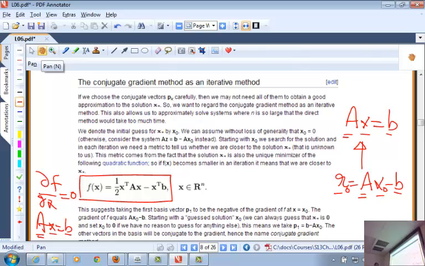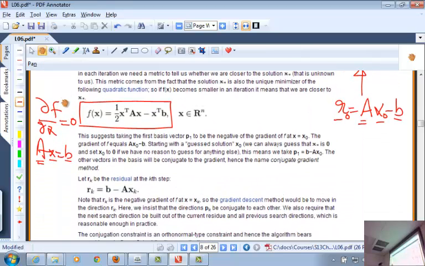And once you go to the end of that vector, we want to find a new search direction that will be orthogonal to the original search direction, or it will be in the steepest descent direction at every point. So if you do that, you will find that in a few iterations, you can get to the minimum, and the minimum will be the solution to that particular problem. That's the basic idea.